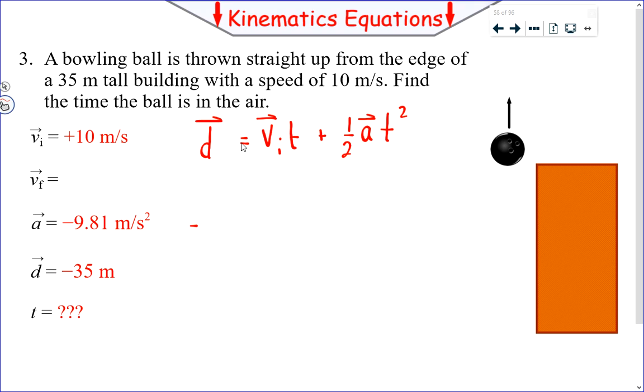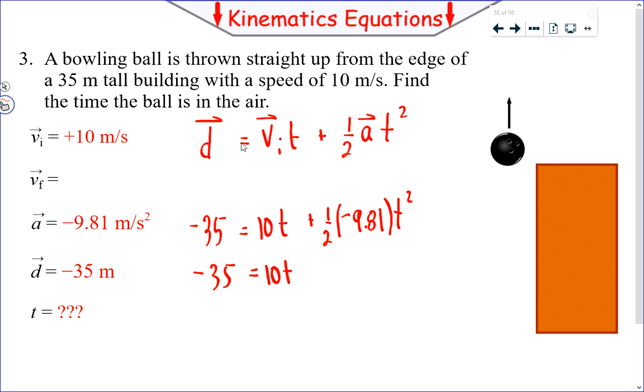I'm going to put in negative 35 equals VI, which is 10 times t, plus 1/2 times negative 9.81 times t squared. And this simplifies to negative 35 equals 10t minus 4.905 t squared.